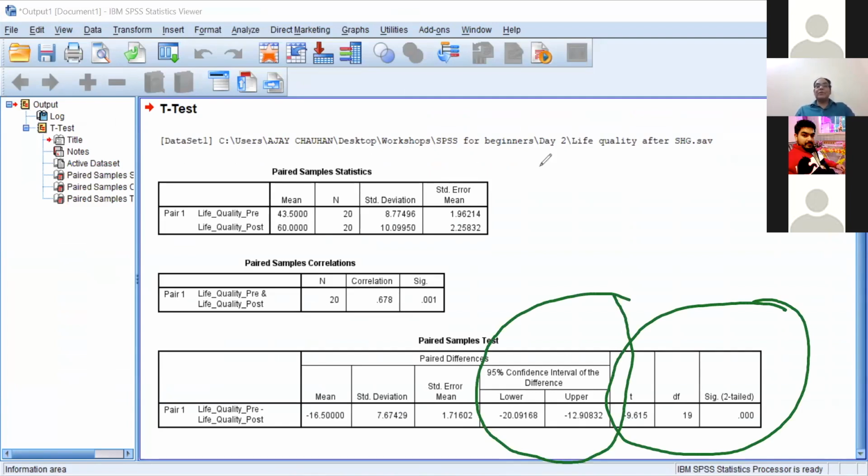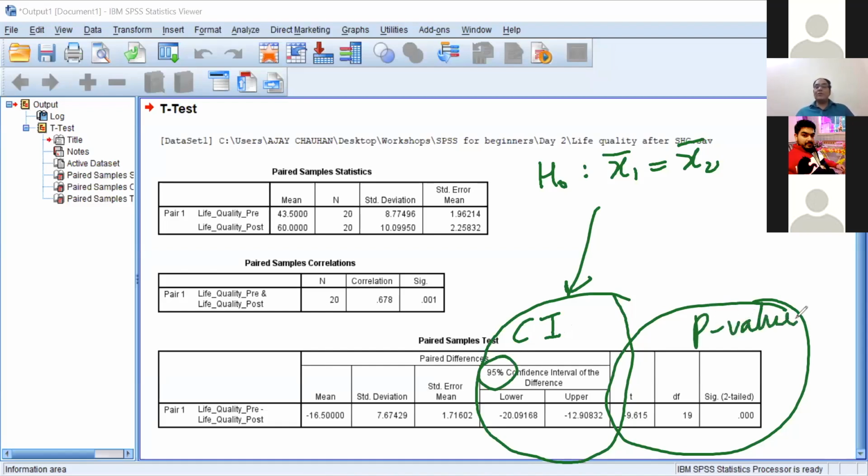My hypothesis is that the mean of one sample is equal to the mean of the second sample. I can test this with the help of the confidence interval method, which is with 95% confidence, and this is called the p-value method. Just for demonstration, I am showing you this concept.